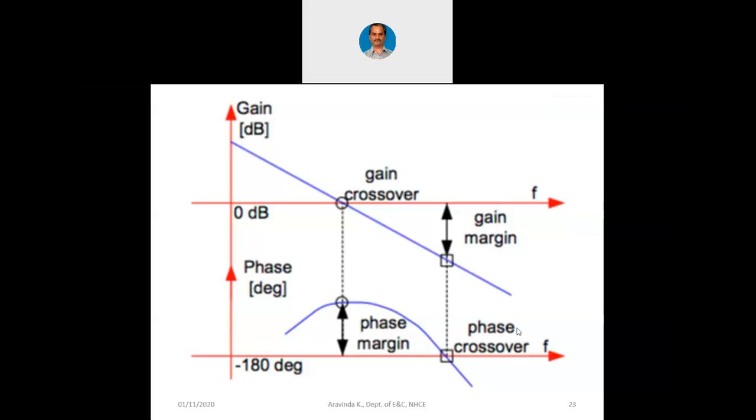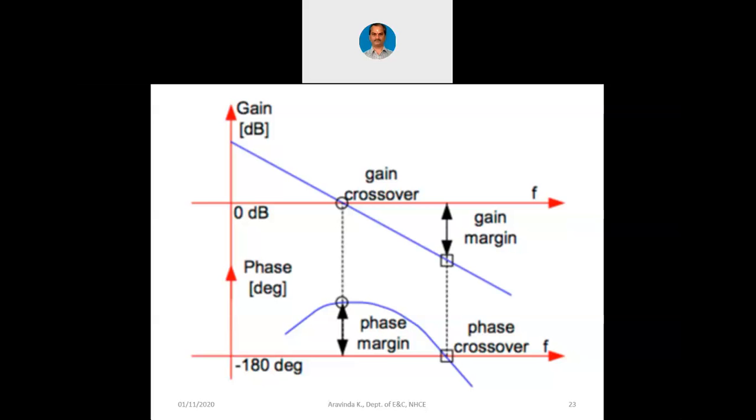So if any amplifier is not having any gain margin and phase margin at all, then that amplifier will work like an oscillator at a given frequency. That means such an amplifier may not be reliable. Even if we have to use that amplifier for our applications, we should take care that the frequency range will never exceed that particular frequency where there is no gain margin and phase margin.